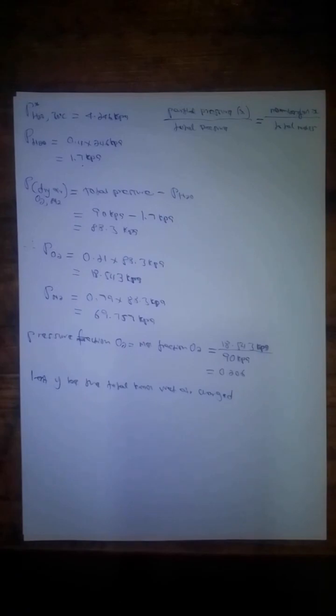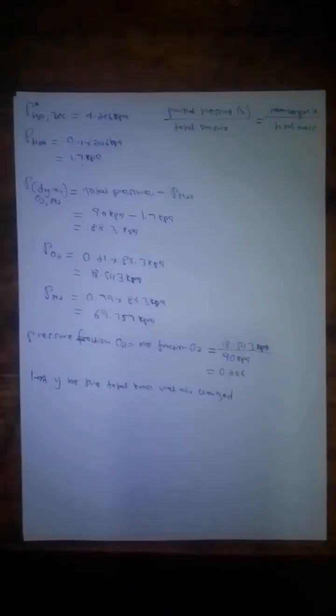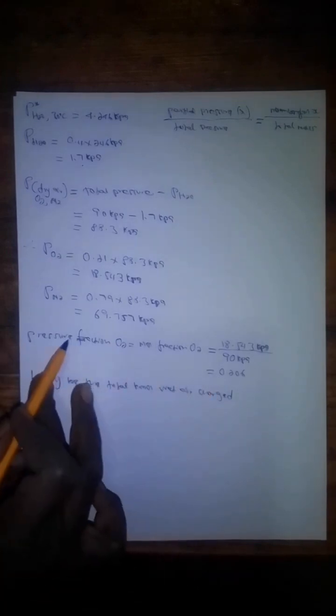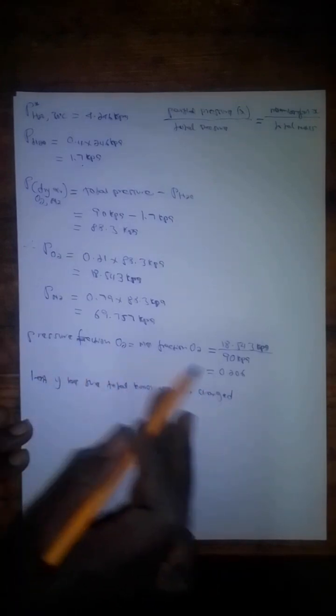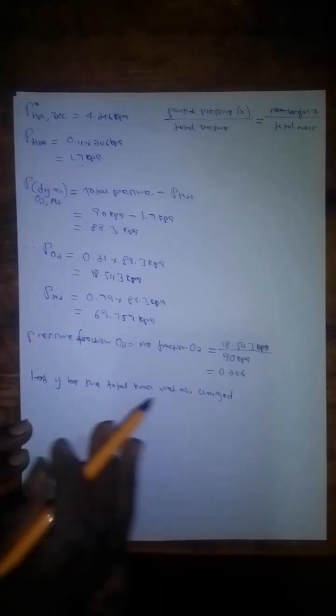This is all the air including the water vapor. So we're going to define y as the total, all this air that has been charged. Why are we going that route? Because now we have the mole fraction. It's actually the pressure fraction, but we're going to use it as a mole fraction because they're the same. If you have the pressure fraction, you have the mole fraction in ideal conditions.